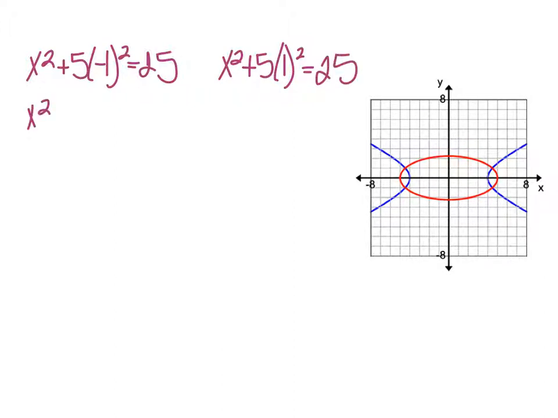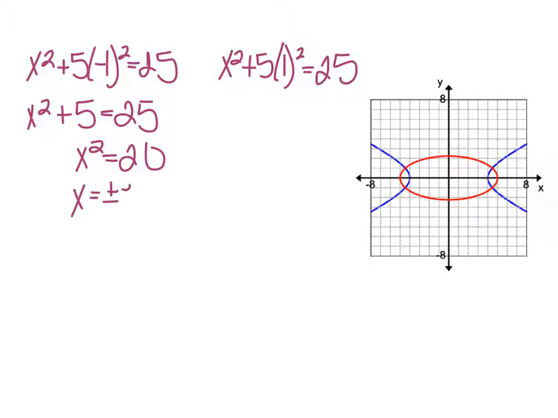So negative 1 squared is just 1, and 1 times 5 is 5. So we end up with this here. X squared is 20. And so x will be positive or negative the square root of 20. If we simplify that, 20 is 4 times 5, and the square root of 4 is 2. So that's positive or negative 2 times the square root of 5.